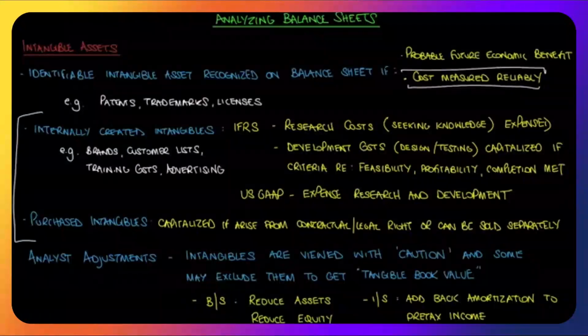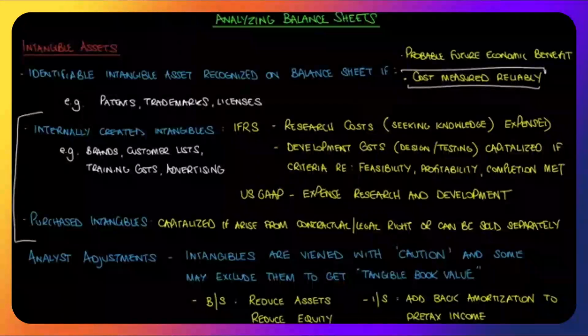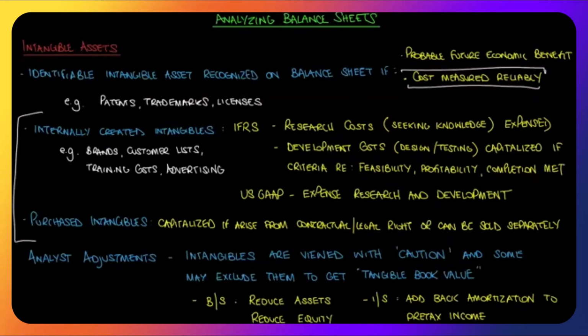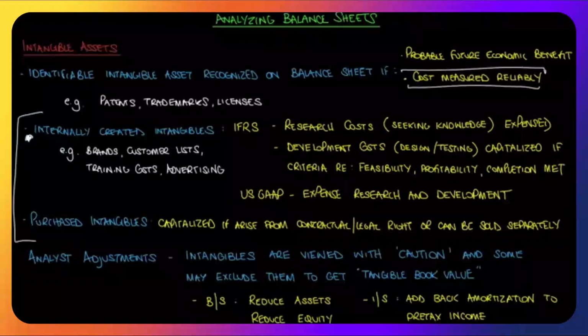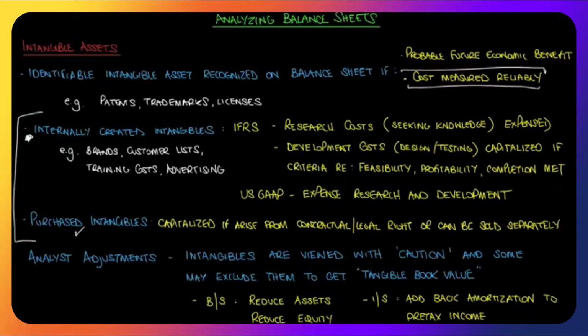So you'd think for a patent, for a trademark, for a license, well, can we measure its cost? And the issue is this: if it's internally created, then that's going to be tricky. So anything like a trademark that you've spent a lot on developing internally, how do we measure what that cost us? If I go out and buy it, fine, things are a lot easier.